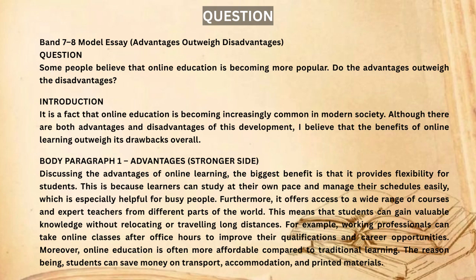And the example is a working professional who can take online classes after office hours. Finally, it adds affordability. Students can save money on transport, accommodation and printed material. So this paragraph is strong because it has advantages plus explanation plus examples, which is exactly what IELTS wants.